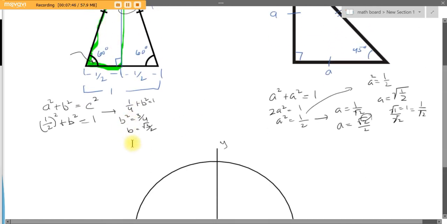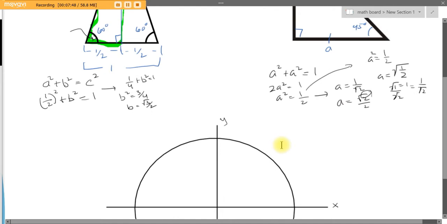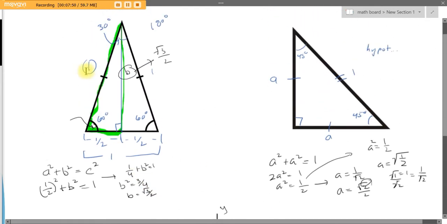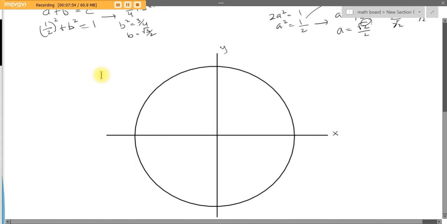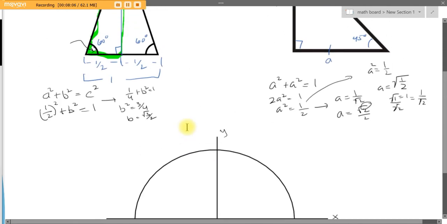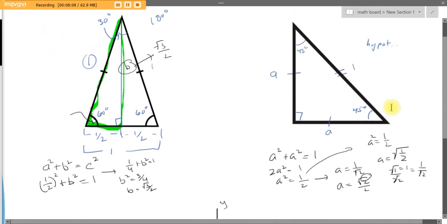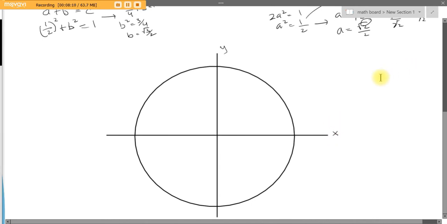And on top of that, one other thing is that the hypotenuse now becomes the radius. So you set these triangles within the unit circle so that the hypotenuse assumes the position of the radius. Because both triangles have a hypotenuse of 1, that just makes the unit circle great to work with, with a hypotenuse or radius of 1.